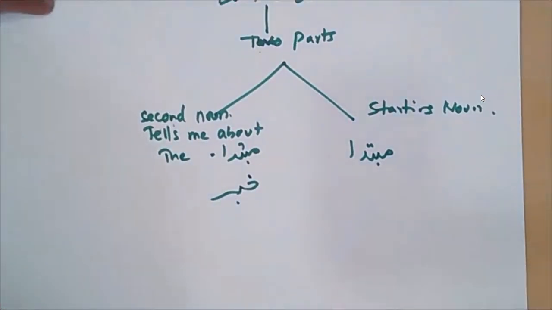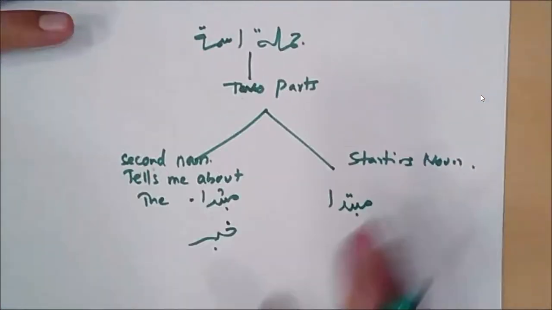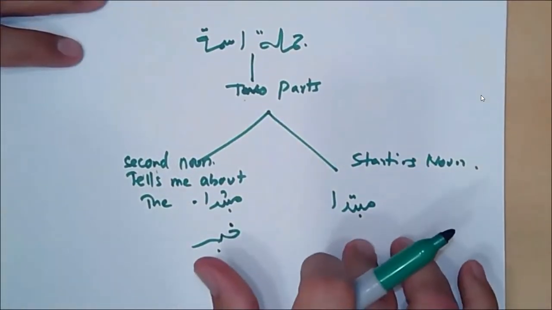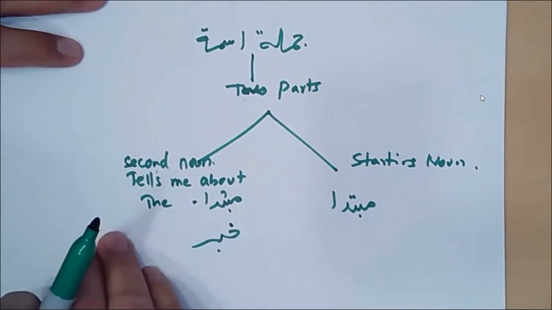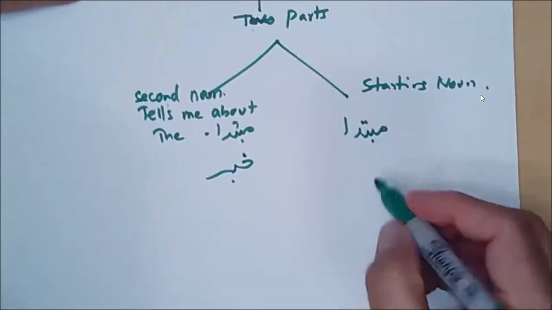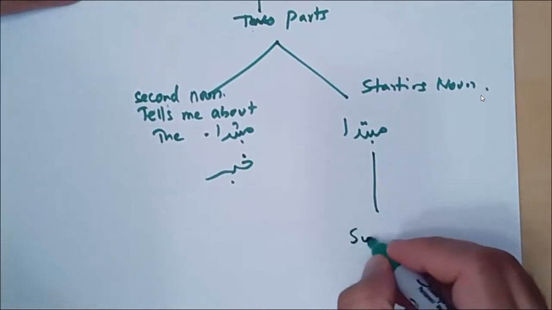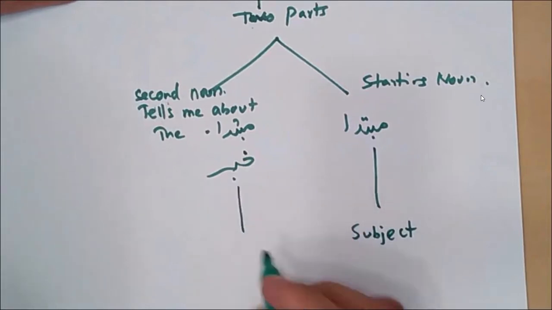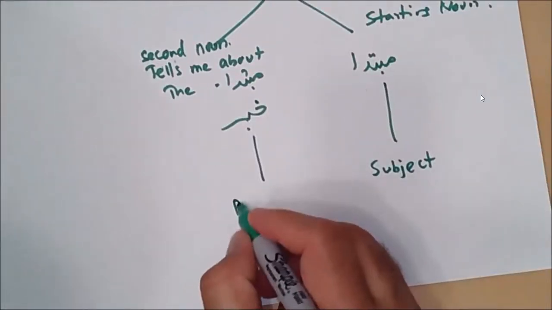Khabar. خبر. So jumla has two parts. There is a starting noun and we call it mubtada, and then something about the noun, and that is called the khabar. In English, the mubtada is known as the subject and the khabar is the predicate.